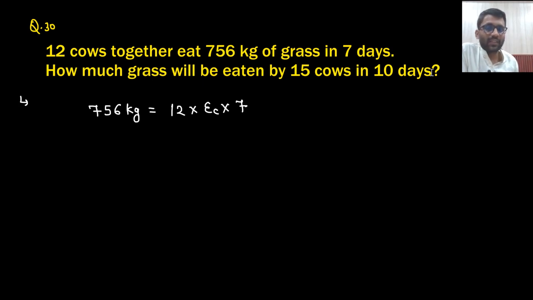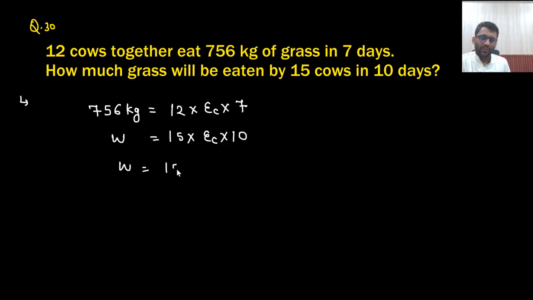Now, how much grass will be eaten? That means how much work will be done if 15 cows work with their complete efficiency for 10 days. This is what they are asking. So W will be equal to 150 times EC. What is the value of EC? From here I can get the value of EC, that is 756 divided by 12 into 7 kg.